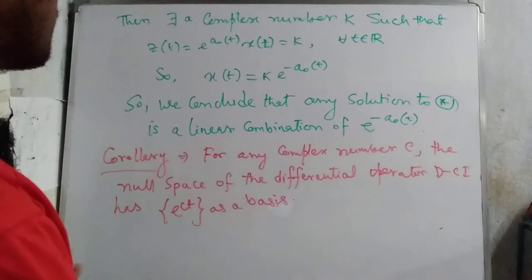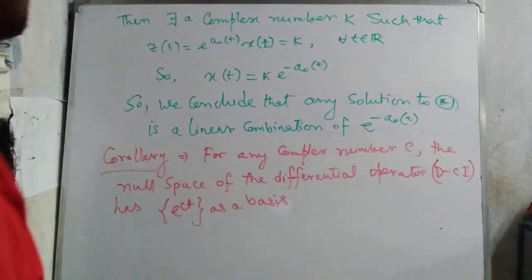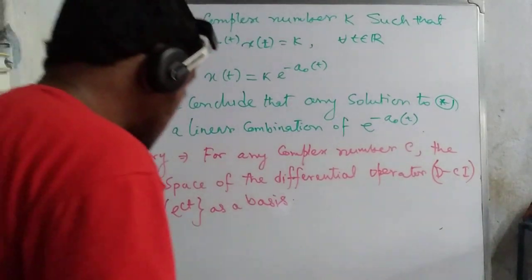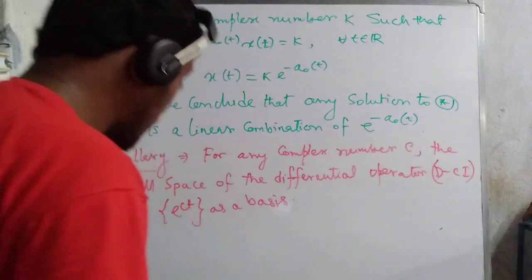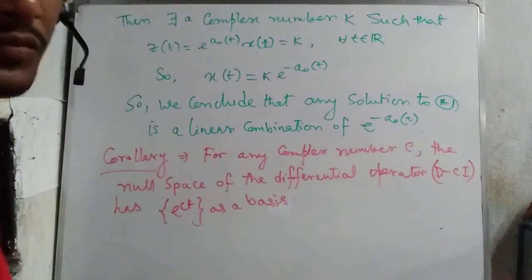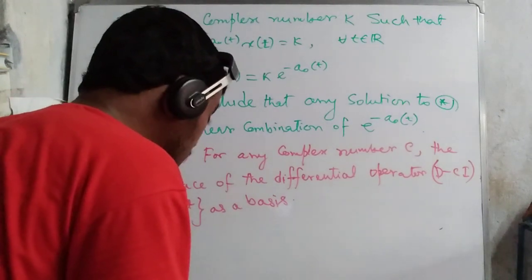This one is too easy. One differential operator, and the null space of this contains e to the power ct as a basis. So this is not a problem at all. We also discussed that. Now we write it in this way.